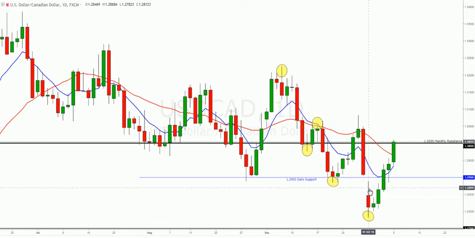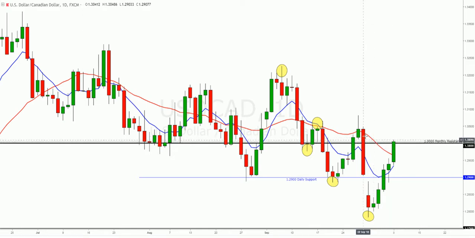Big bearish pressure, managed to catch a position on this, new lows, and now we're looking at this region. We've broken above that 1.29 daily support, well, resistance, which is now turned to support. Rejected it with the following candle above the moving averages, and we've now hit that monthly resistance.